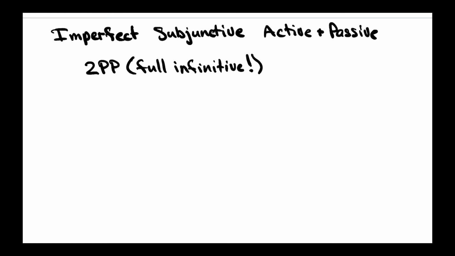So the full infinitive, and what you do is you take that infinitive and you just add your active or passive ending to it. And that's your form, and that's how it is for all four conjugations.